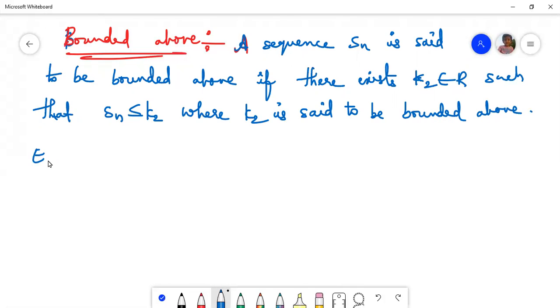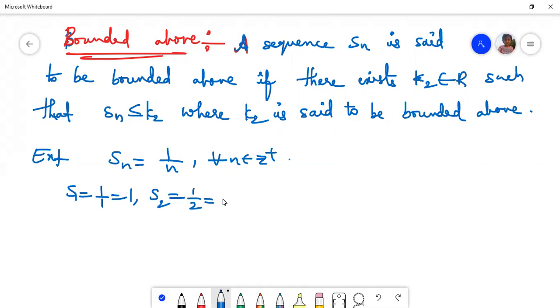The best example is Sn is equal to 1 by n for all n belongs to Z plus. Here we can take S1 equal to 1 by 1 equal to 1, S2 equal to 1 by 2 is 0.5, S3 equal to 1 by 3 is 0.333, S4 equal to 1 by 4 is 0.25, and so on.